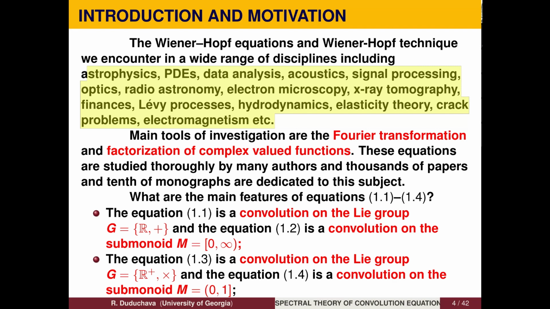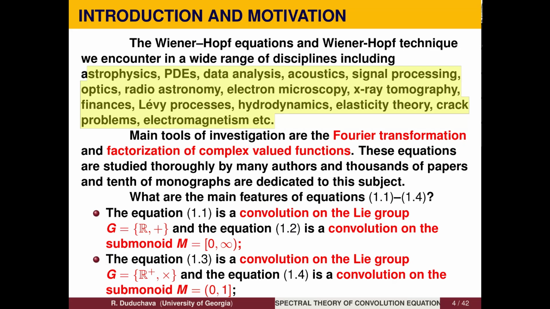Equation 1.3, you remember, the Mellin convolution equation, is a convolution on the Lie group R plus, the half-axis, where the group operation is multiplication. And the equation on monoids is 1.4, and the submonoid is the interval 0, 1.